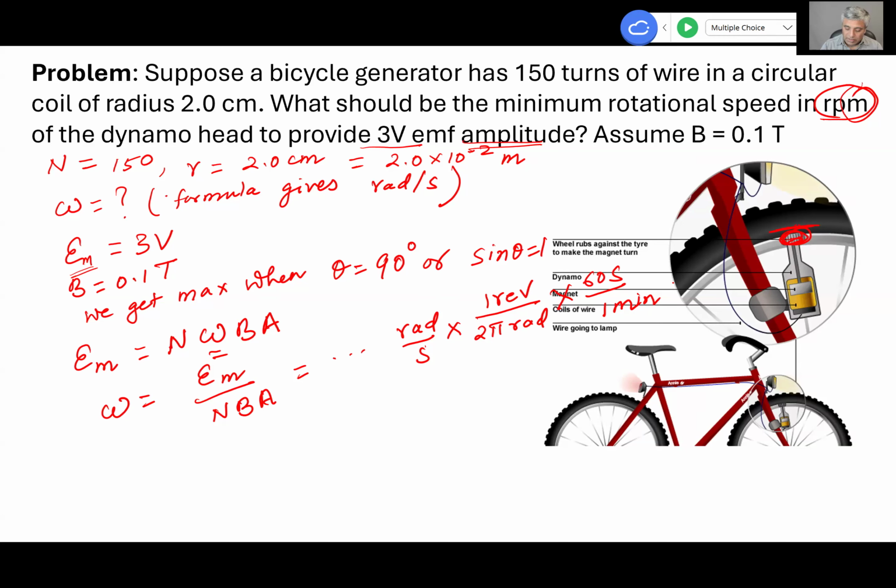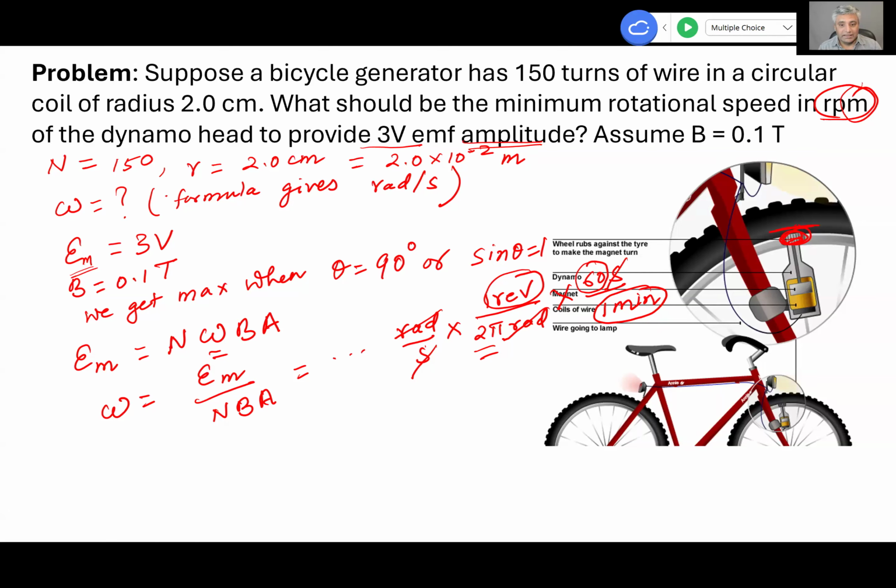So that's how you convert it. The radian here cancels with the radian here, and the second cancels with the second, so you have revolution on the top and minute on the bottom. Whatever number you get, you need to multiply that by 60 and divide that by 2 pi, and pi is 3.14, you can use that. So that's how we solve a problem like this.